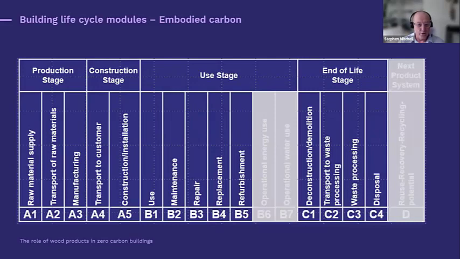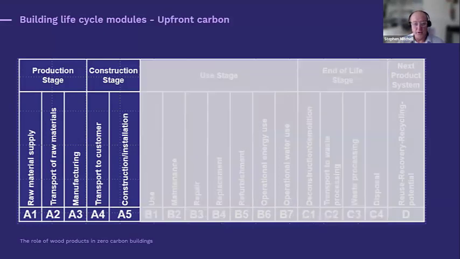It doesn't include these operational energy emissions. So that's the embodied carbon story. And upfront carbon, which is increasingly the focus, encapsulates the production stage carbon emissions, and the uptake of biogenic carbon in the production stage, and the emissions from the construction stage. So that's what we're talking about when we talk about upfront embodied carbon.